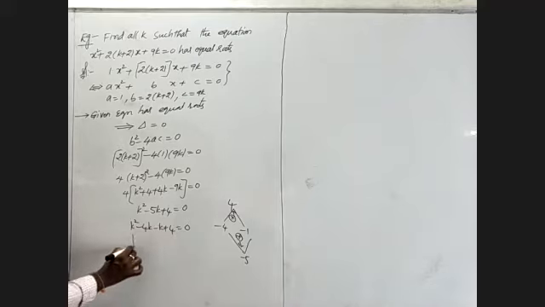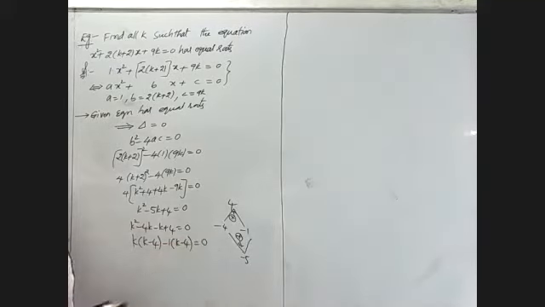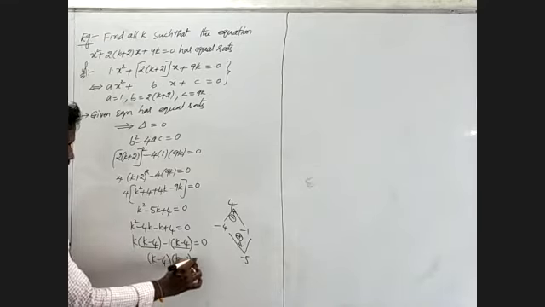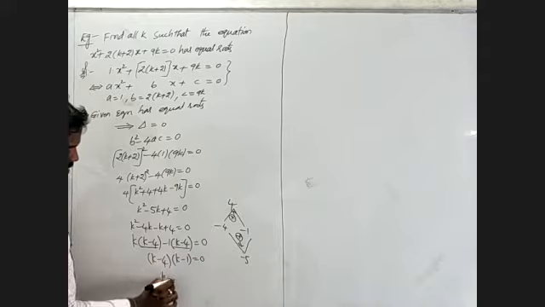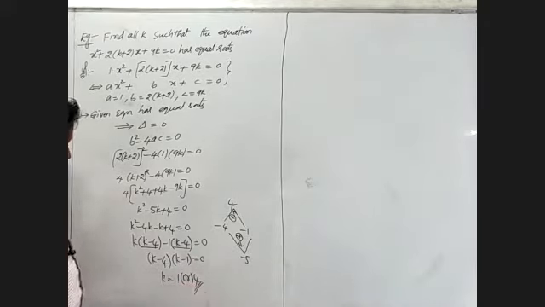I will take k common, remaining k minus 4. Again I will take minus 1 common, remaining k minus 4 equal to 0. The common term is k minus 4, remaining k minus 1 is equal to 0. That I will write k is equal to 1 or 4. Now I am going to the next one, that is the next example.